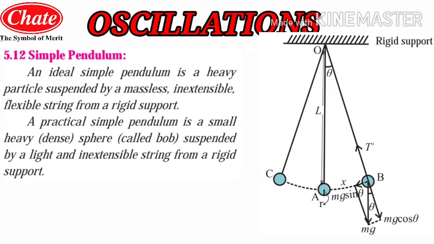Now students, to this arrangement we are going to apply one case. Suppose the pendulum is displaced through a small angle theta, as you can see in the diagram, and released from that point. Then it begins to oscillate on either side of the mean, or equilibrium position, in a single vertical plane.